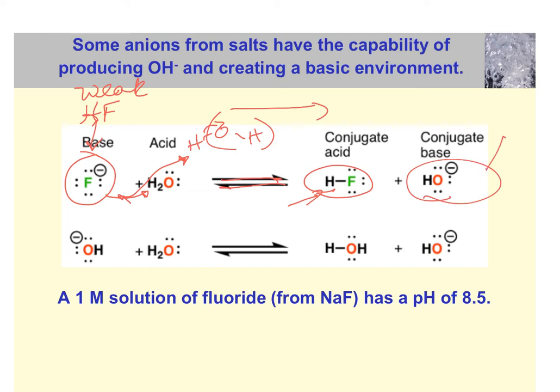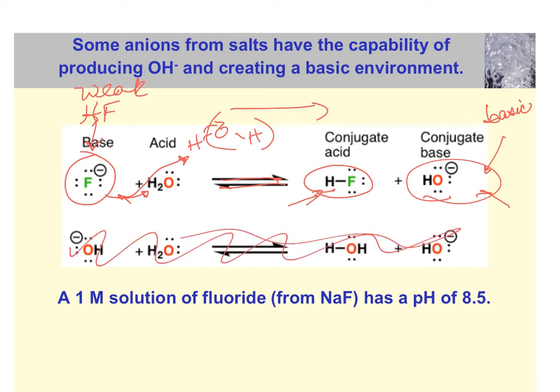A hydroxide present in aqueous solution is what makes a solution basic, just like what makes an aqueous solution acidic is hydronium ion. So the fluoride ion is literally producing a certain amount of hydroxide and raising the pH.